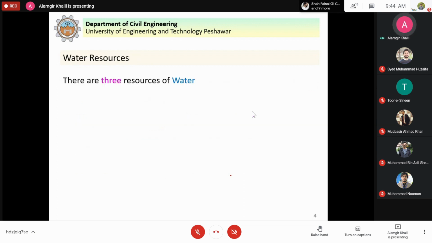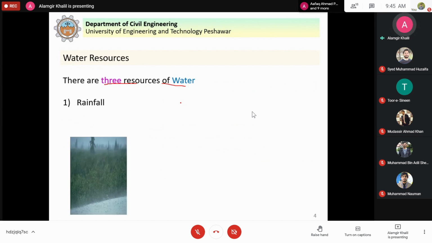Water resources. There are three resources of water. We have the rainfall. So the rainfall is very beneficial in any area.